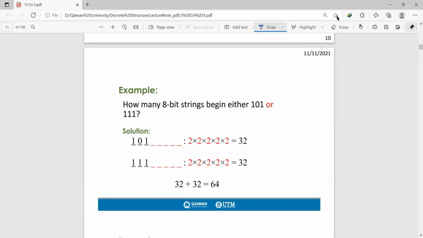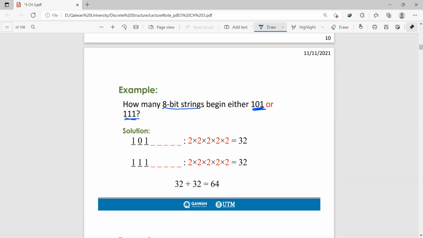It says, how many 8-bit strings begin with either 101 or 111, triple ones?